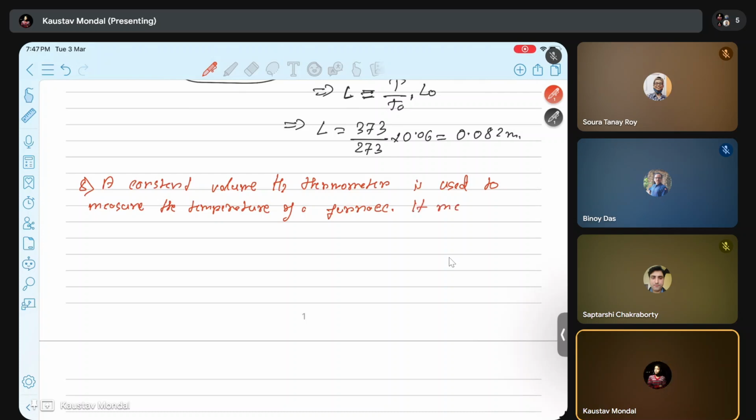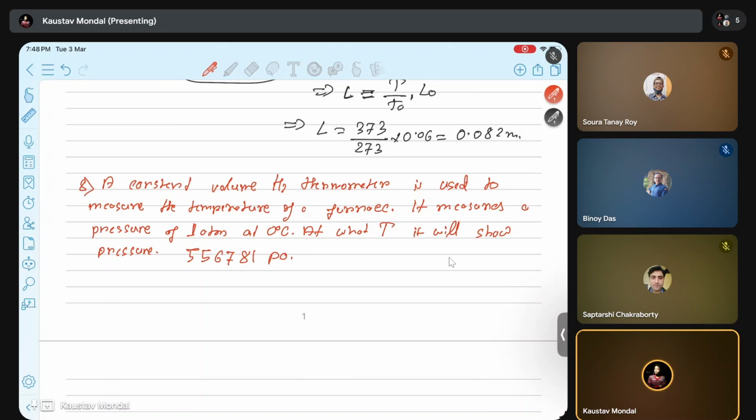It measures a pressure of 1 atm at 0 degree centigrade. At what temperature T will it show pressure 556,781 Pascal?